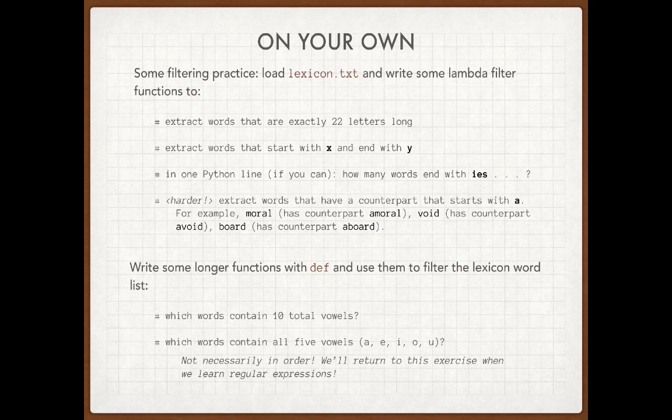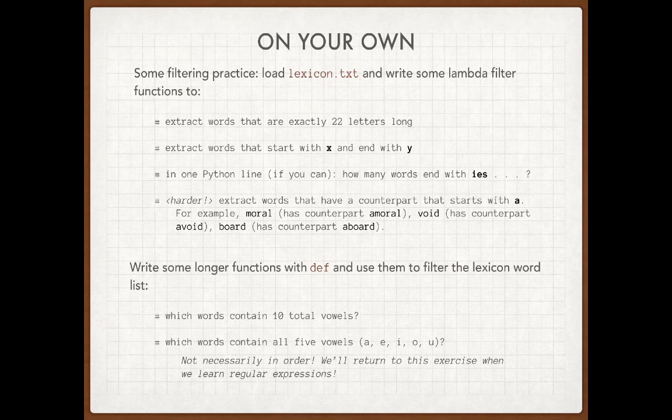Here's one that's a little bit harder, but it is very doable as a little lambda function that you can send to filter. Look through lexicon.txt after you've loaded it up to extract words that have a counterpart that starts with A. So for example, moral is a word that's in the lexicon, but the word that has an A in front of it, amoral, is also in the lexicon.